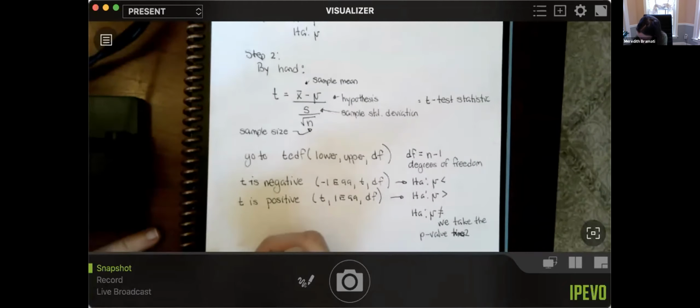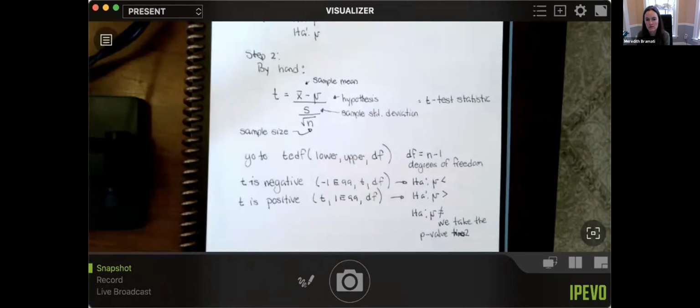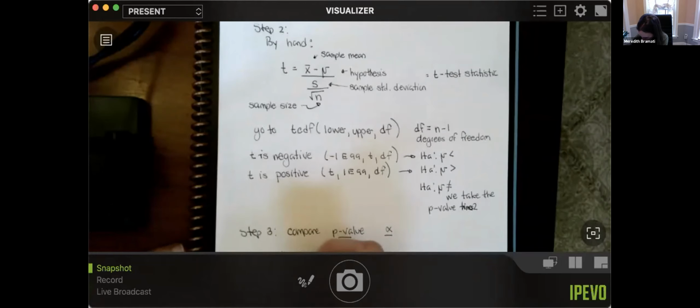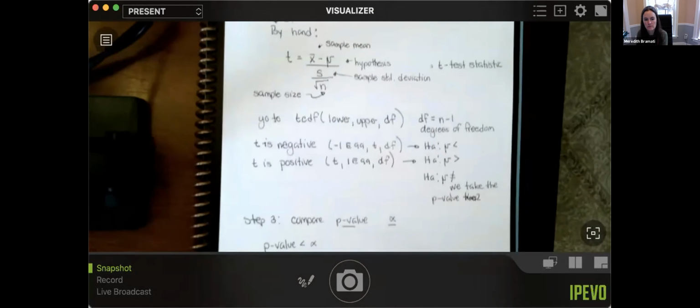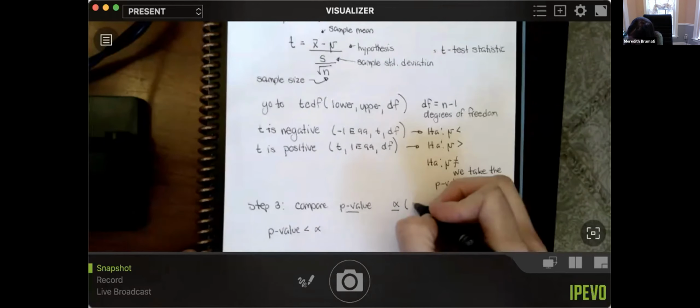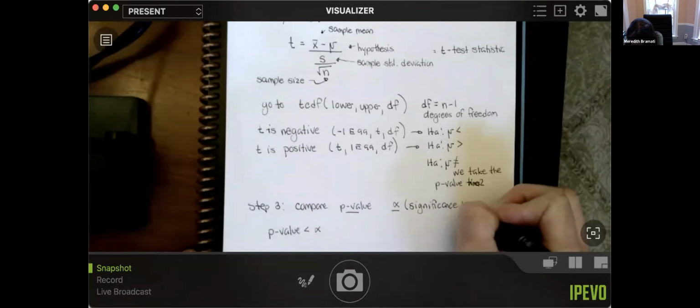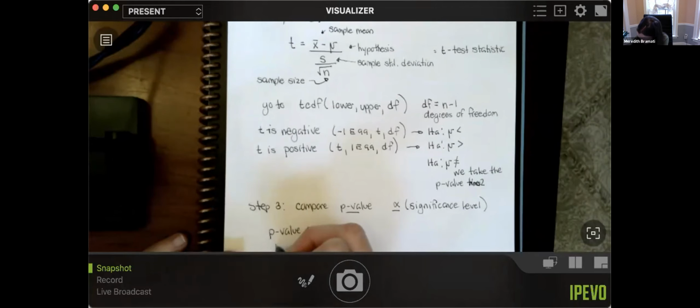And then the last step is step 3. We compare the p-value and the significance level. Okay. And we've gone into this. I'm going to write some more out with this, but just the quick review. If the p-value is less than the significance level, then we reject HO.